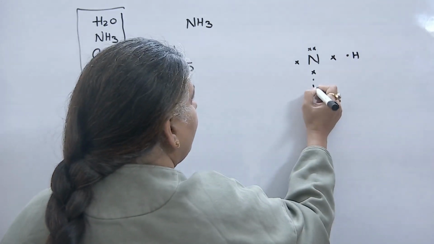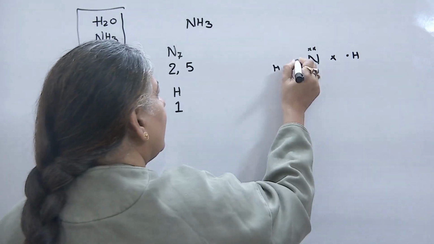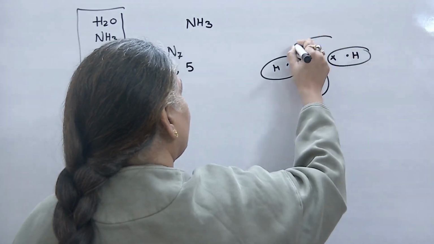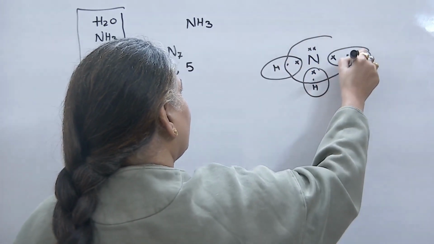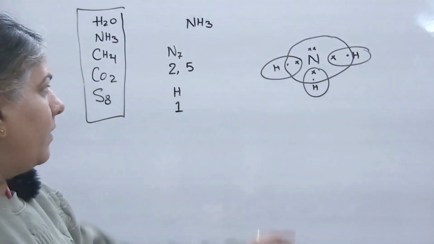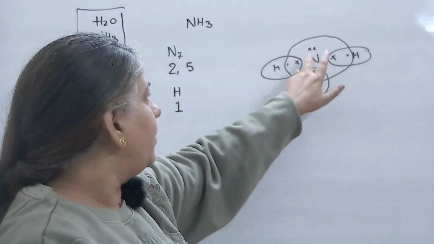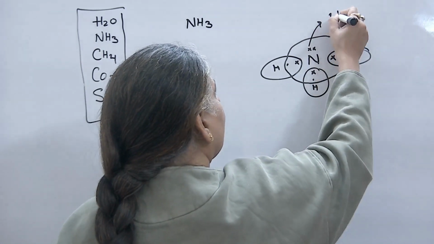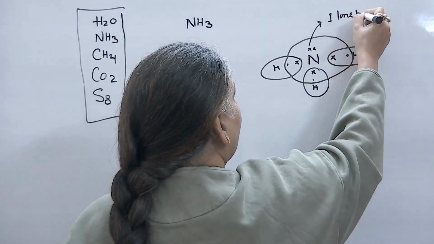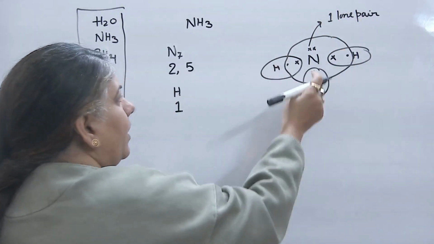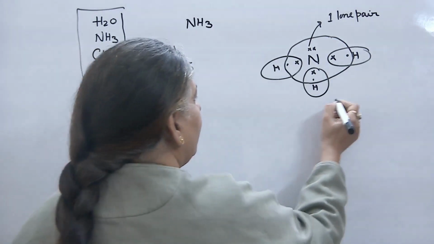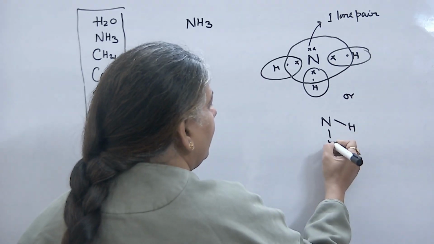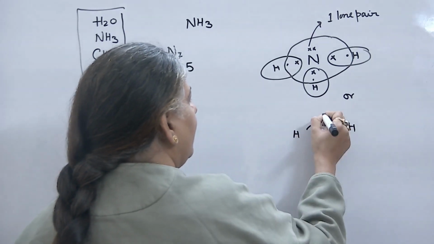Three hydrogen. So now nitrogen has one lone pair which is not participating in bonding, and three shared pairs of electrons that are participating. So you can write this as N, H, H, H, and a lone pair.